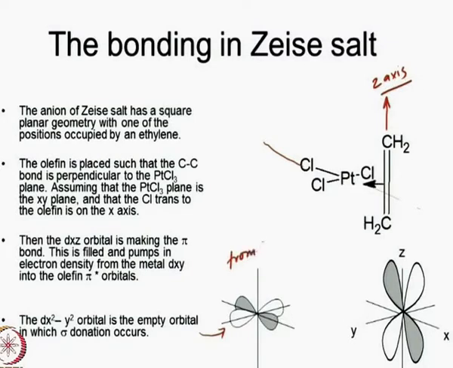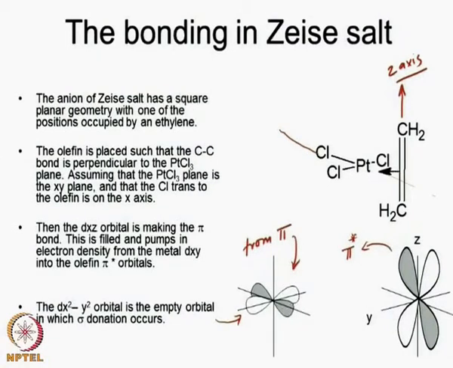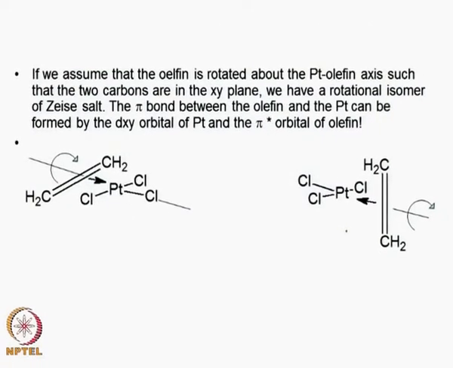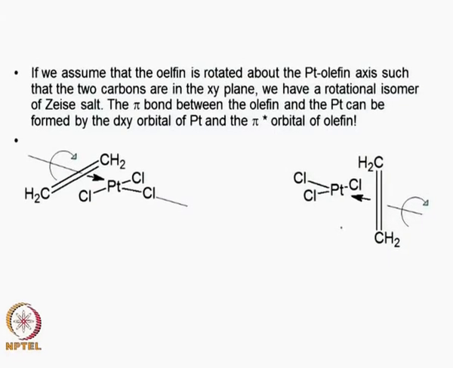From the pi of the olefin, electron density flows into this, and from the Dxz it flows into the pi star orbital of the ethylene. So, I hope you will be able to appreciate this dual interaction that stabilizes metal olefin complexes very significantly.